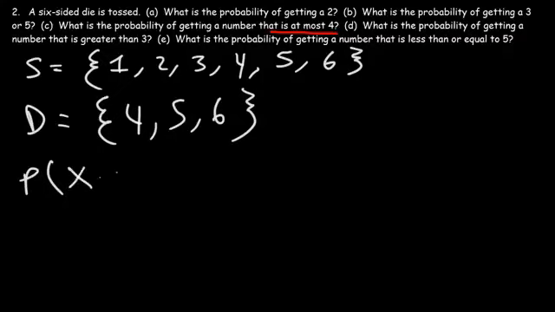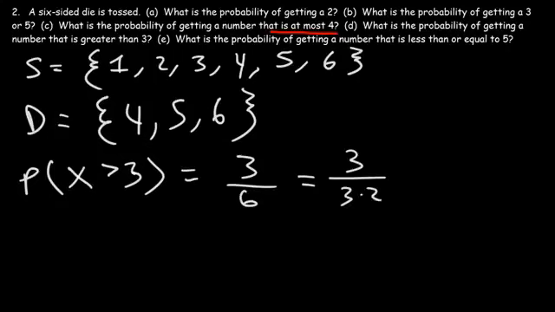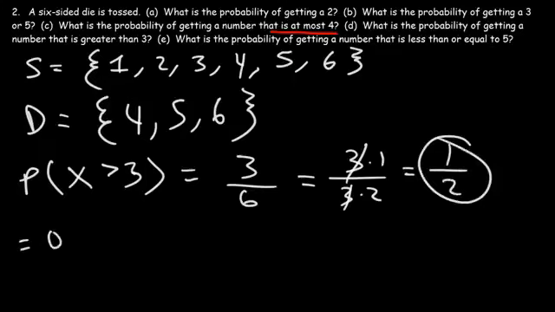So the probability of getting a natural number that is not equal to 3 but greater than 3 is going to be, we have 3 favorable outcomes out of 6. 6 is 3 times 2, 3 is 3 times 1, so this becomes 1 over 2, which means we have a 0.5 chance or a 50% chance of event D occurring.